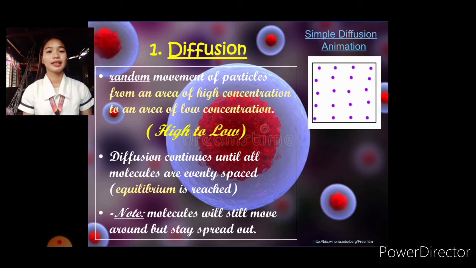The movement of particles in diffusion continues until all molecules are evenly spaced. This happens only when it has reached its equilibrium state. Take note that molecules in diffusion will still move around but stay spread out.